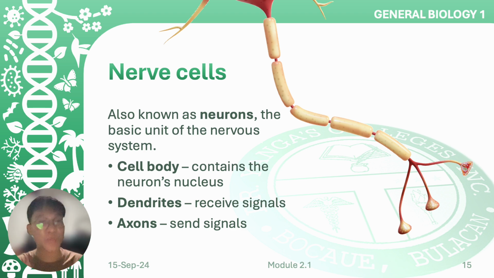After sending it away from the neuron, it will send the signal to the dendrite of the next cell. Then that dendrite will transfer the signal to the cell body, then to the axon, and then it will be transferred again to another dendrite of another neuron. So I hope that way of messaging is clear for the nerve cells.